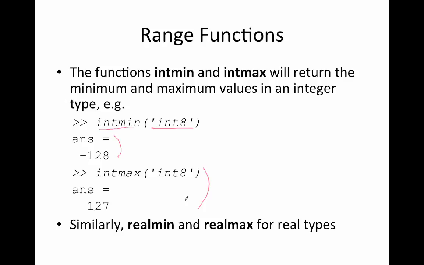So for again the type int8, the values range from negative 128 to positive 127. So you can use the intmin and intmax function for any of the integer types. And similarly, there are built-in functions realmin and realmax for the real types, for double and single.